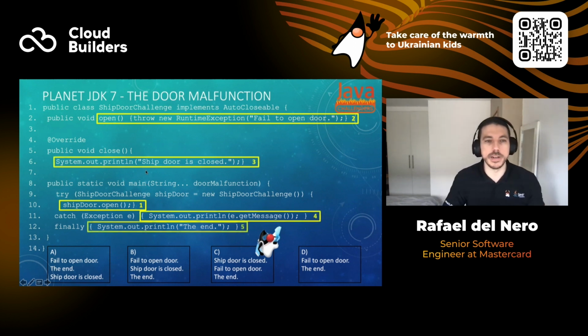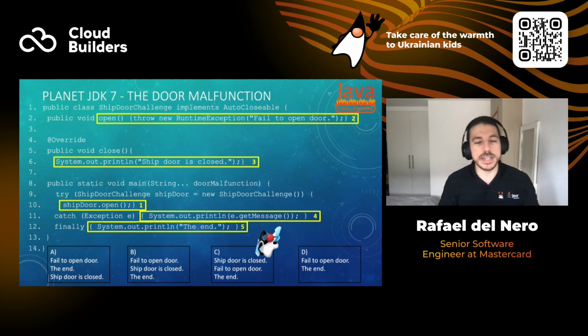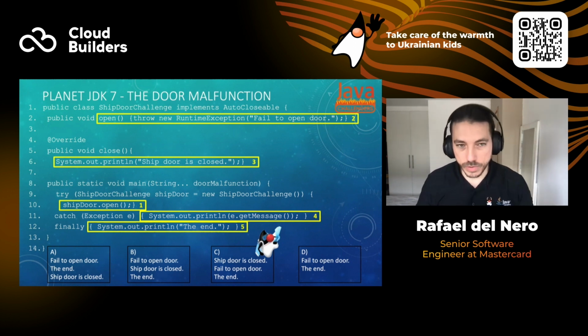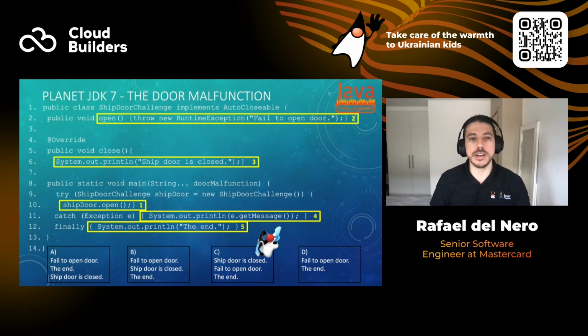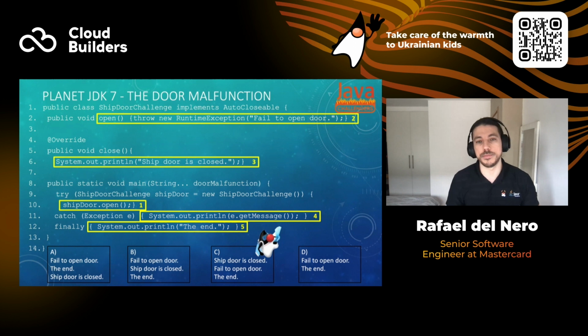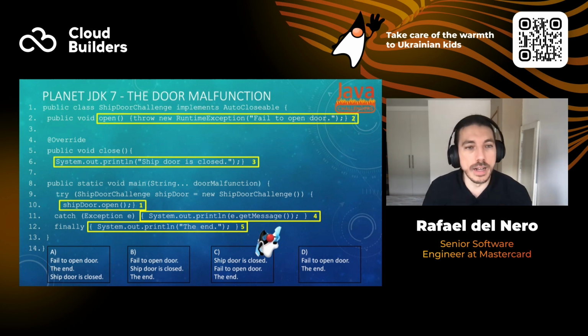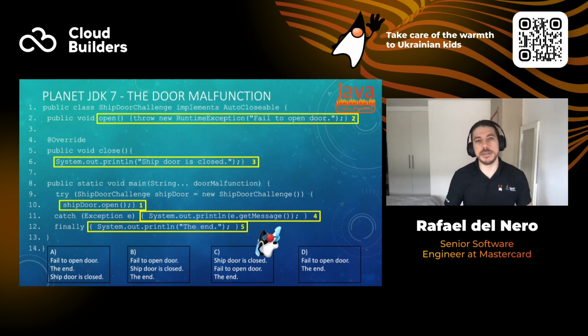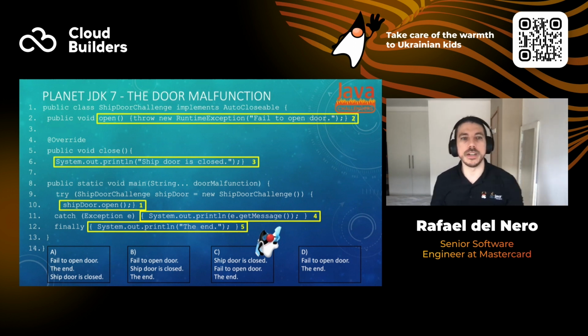So let me explain here. Firstly, the open method is the first one to be executed. And then what happens is that the open method will just throw an exception, the runtime exception. And then it will invoke the close method. So notice that we are implementing the AutoCloseable interface here.